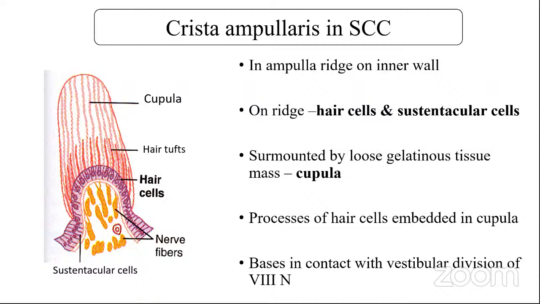The base is in contact with the vestibular division of the eighth cranial nerve. You can see the yellow nerve fibers. So the hair cells on the crista ampullaris are the receptors in the semicircular canals.